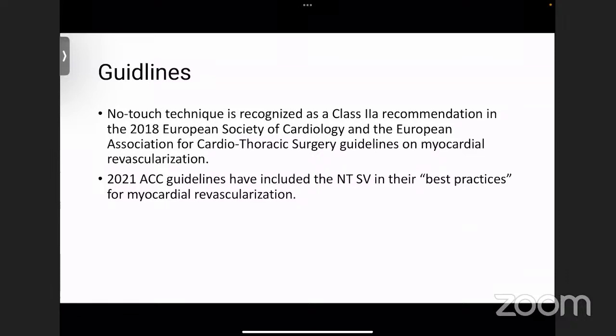It is a class 2A recommendation, and that is something to keep an eye on, because maybe one day that 2A will become a 1A. The American guidelines haven't included it the way the Europeans have. However, they have mentioned it in their best practices in their 2021 guidelines, and that's a step that shows that people are now seeing it.